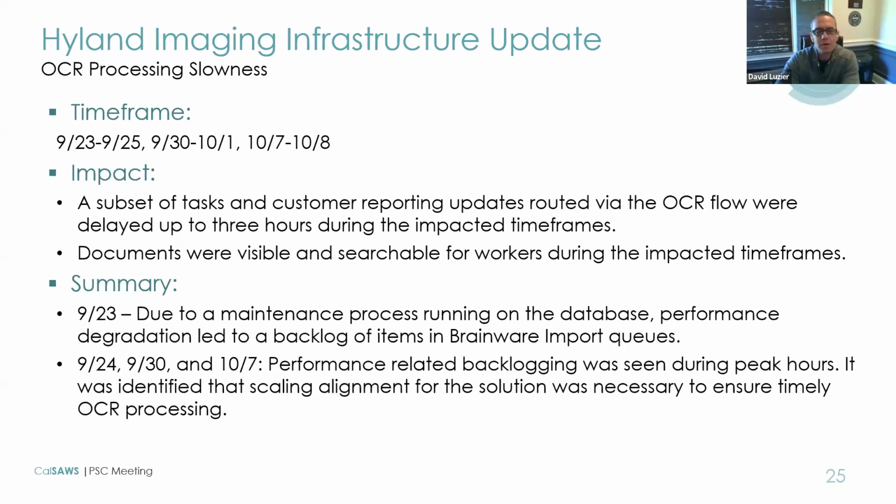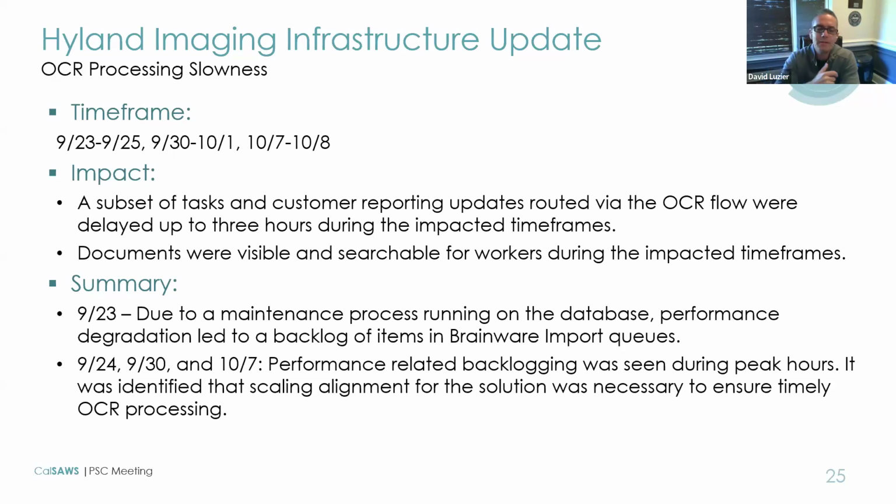The other events on the 24th and 30th and October 7th were related to a backup or a backlog in the import queues. And what that means is documents coming from the perceptive content and then being fed into Brainware for their processing. And this was occurring during peak hours.